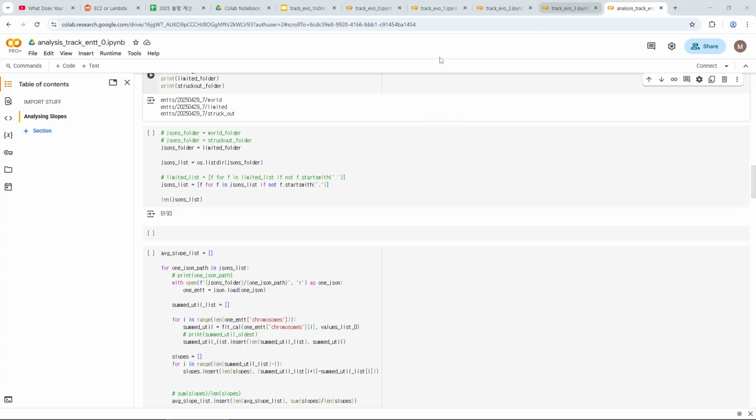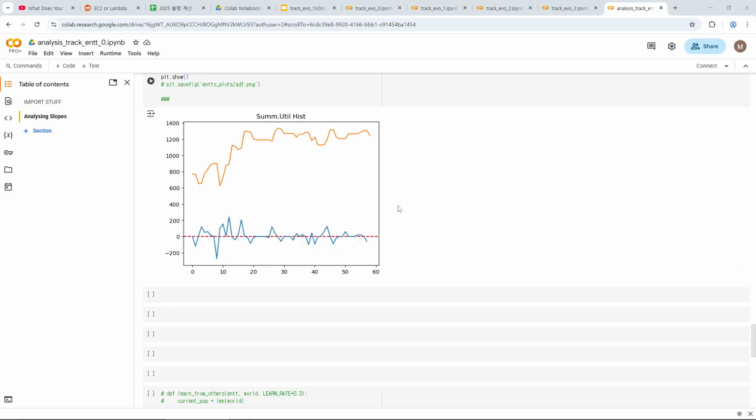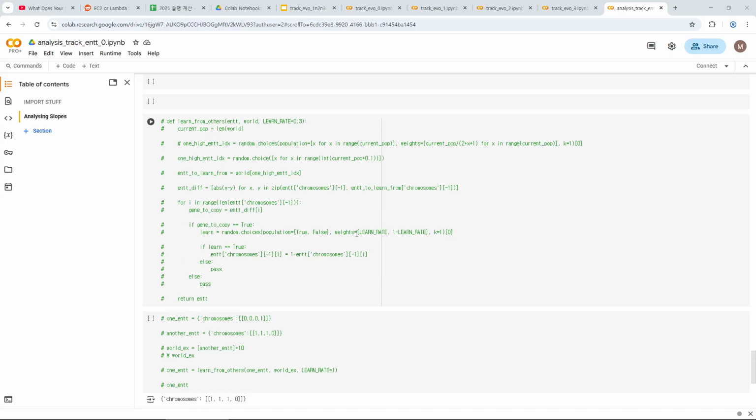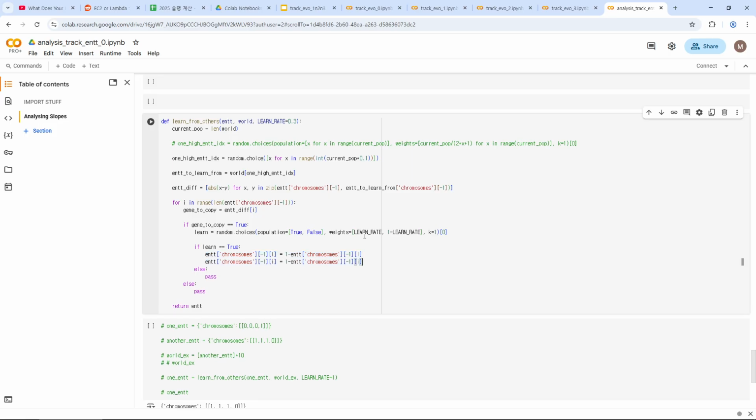Again, I think it's quite funny and sad that I didn't notice when I made this mistake, when I put two equal signs there, and then I thought the genes were being imitated, or they were being improved.